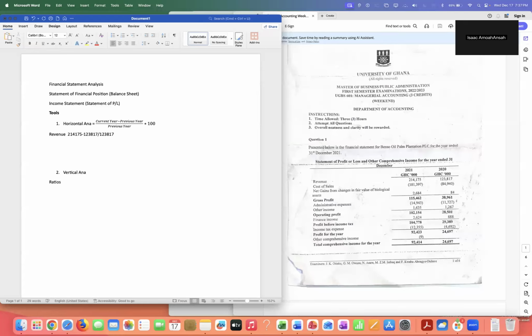Is that not so? Okay. So what do we get if we do horizontal analysis on revenue? What do you get? A moment. All right, the thing is small. I'm not even seeing it.